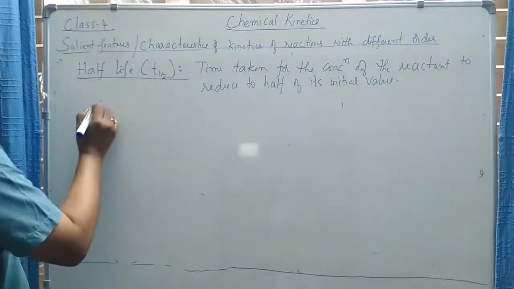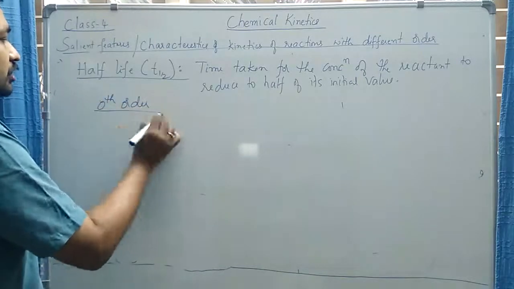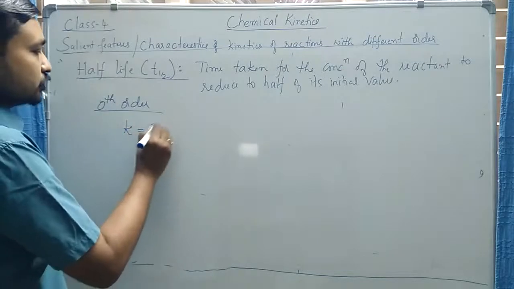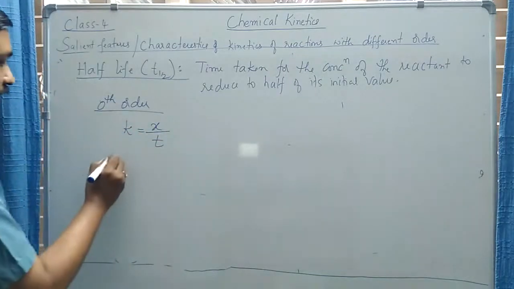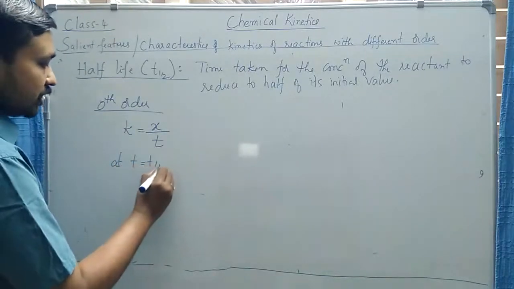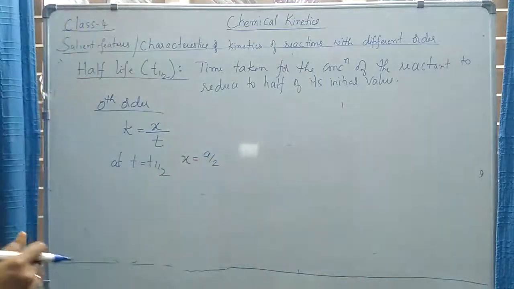So for a zeroth order reaction, what is the expression for rate constant? K is equal to X divided by T. Now if I substitute the condition of half-life, that at T is equal to T half, what is X? X is equal to A by 2.